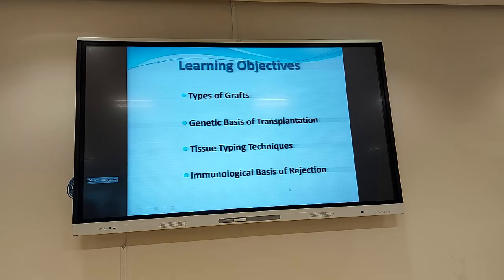The methodologies we use to determine whether a graft has a higher chance of being accepted or rejected. And then finally, just to revise what you learned in the hypersensitivity reactions last year, in terms of the mechanisms that are involved in graft rejection.